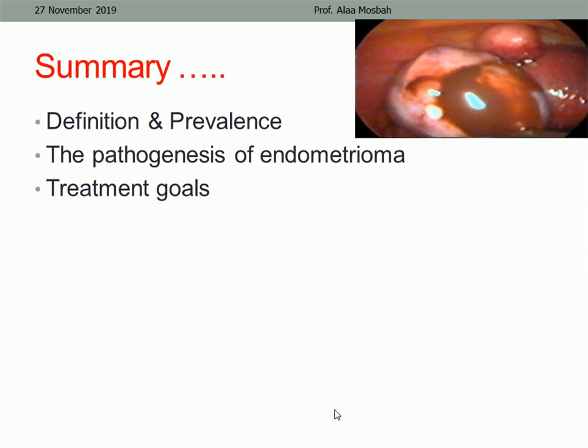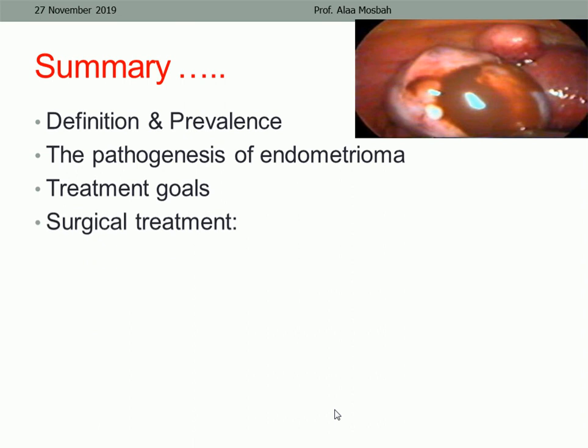Also, to be sure that it is not a malignant ovarian cyst, by taking a biopsy for histopathological analysis. Also, to preserve the future fertility for the lady, so to avoid the ovarian endometrioma from becoming large and damaging the whole ovarian tissue.